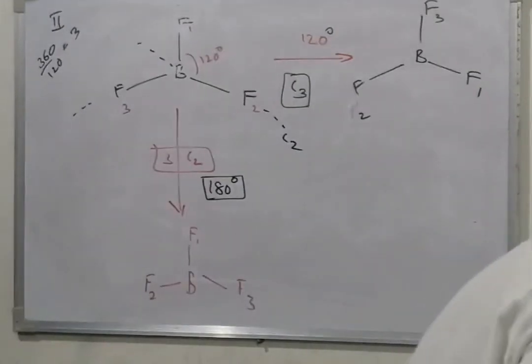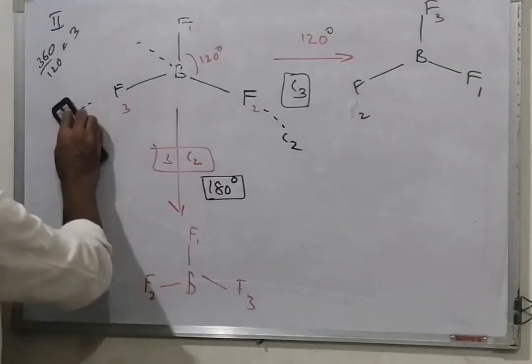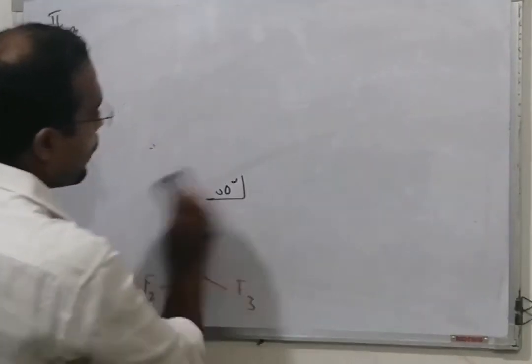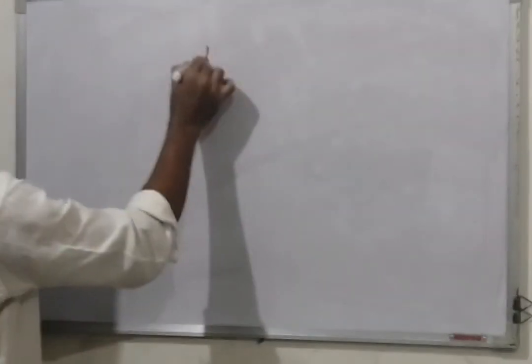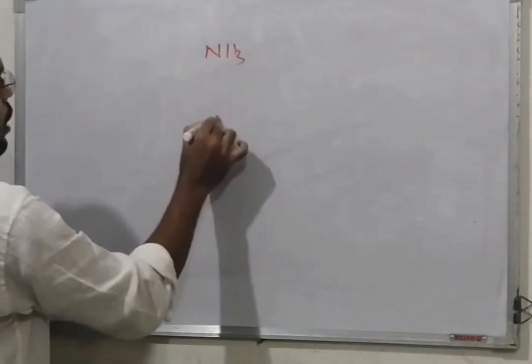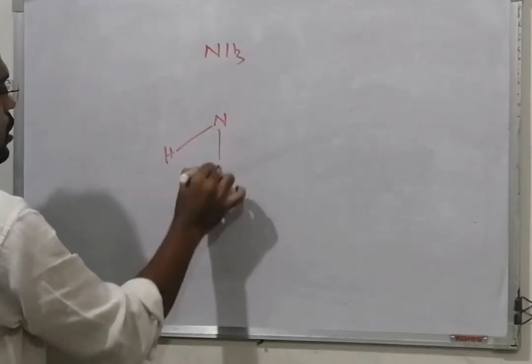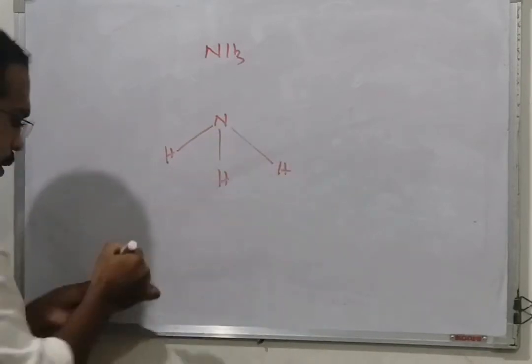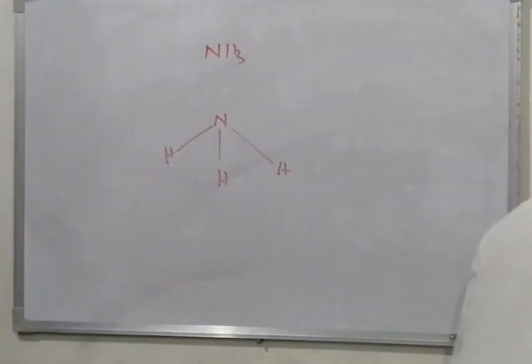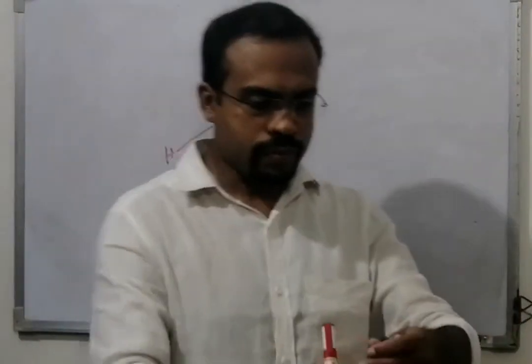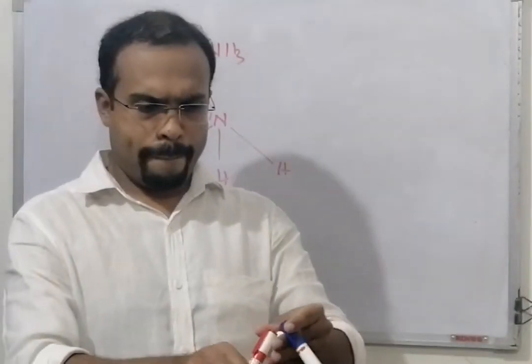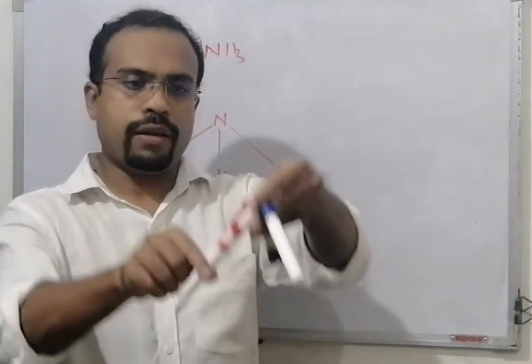But we can go to another example, NH3. NH3 has a pyramidal shape. H, H, H. We can take it like this. Pyramidal shape. Fine?